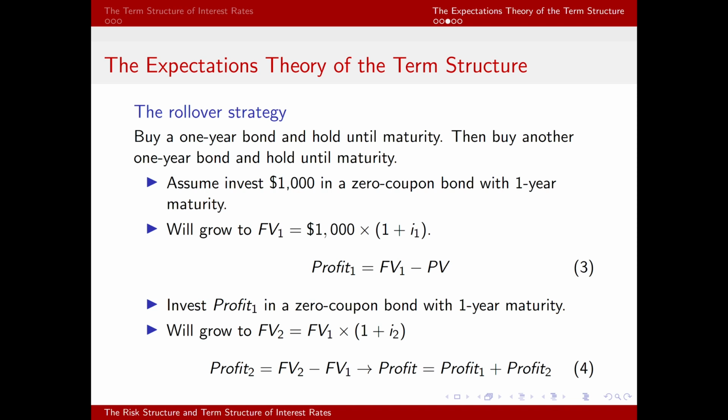And our profit is just that future value after the first year minus the present value. But then we're going to take all of this future value and invest it into a zero coupon bond with, again, a 1-year maturity. And so our future value after 2 years is equal to the future value of the first year times (1 + i2), the second year's interest rate. And this defines our profit.